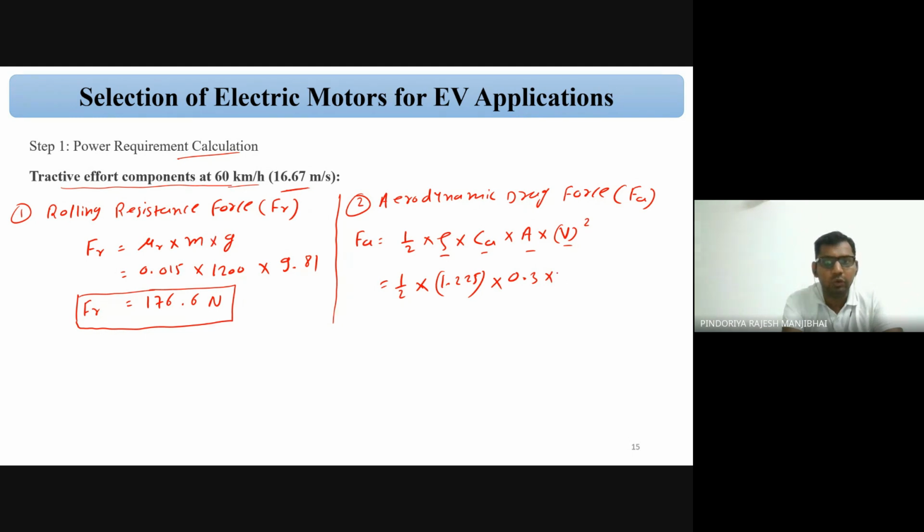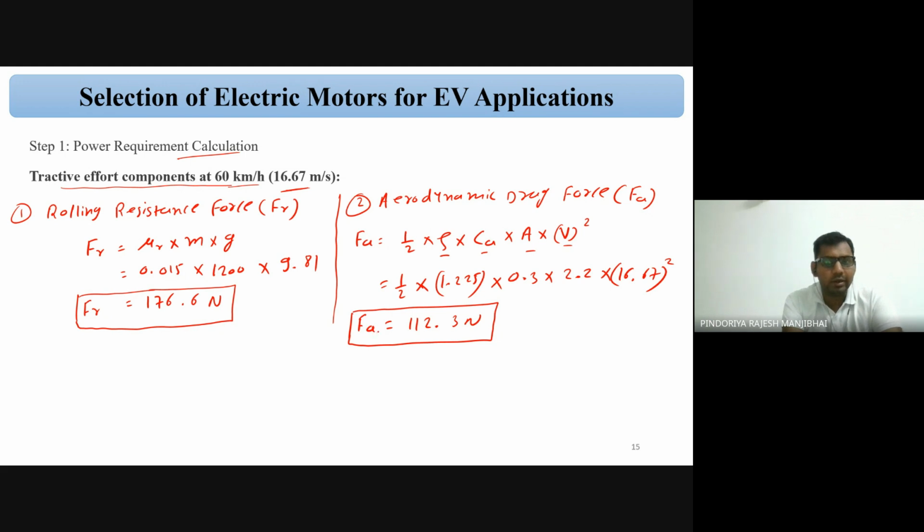Area is 2.2, and velocity is given as 60 kilometers per hour, so we convert into meters per second, square, that is 16.67. So FA, as per my calculation, is 112.3 Newton.